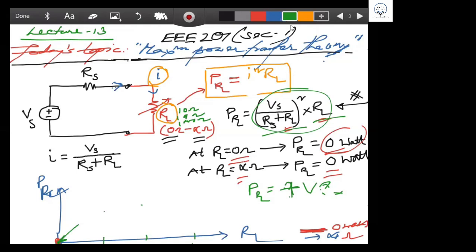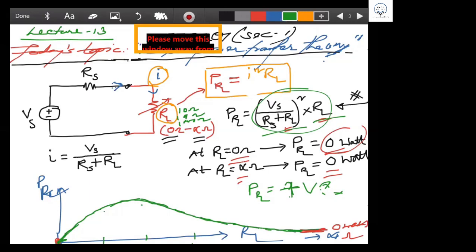So if you go for upward direction, then again here you come upward like this. That means there will be a peak here at which it will go, and then it will go down again, because the starting and ending both are 0. So in between all are positive, so you will get a positive hump, a positive peak in the curve like this, and that is the relationship of this RL and PRL, which is very much non-linear.